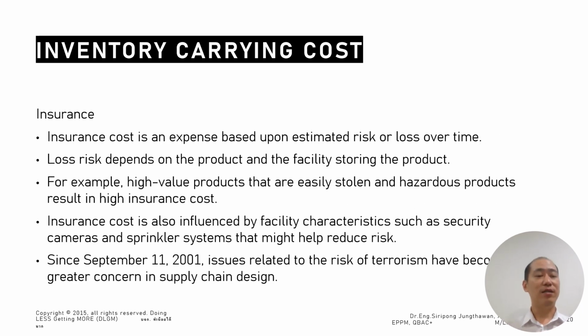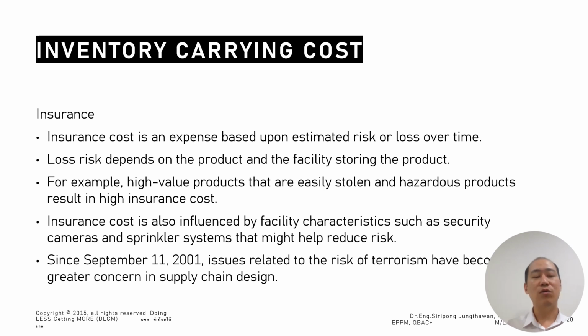And also insurance cost expense is based on estimated risks or loss times. Loss risks depend on the products and the facility storing the products. For example, high value products that are easy to steal, like keeping gold, or sometimes hazardous products like chemicals, result in high insurance costs also.